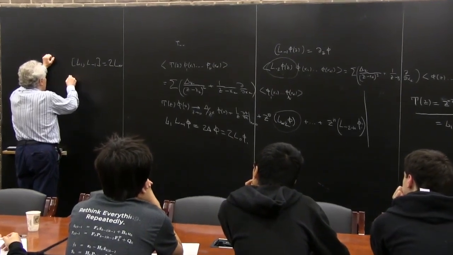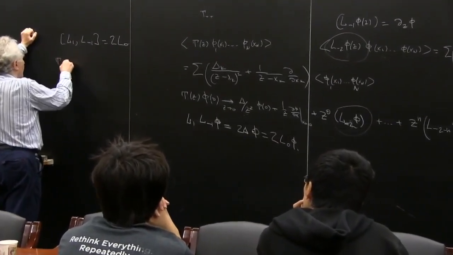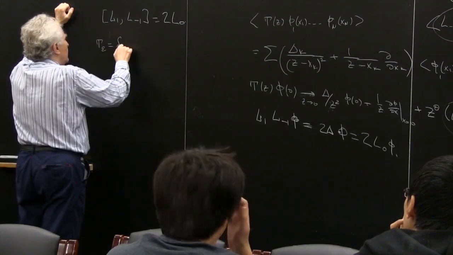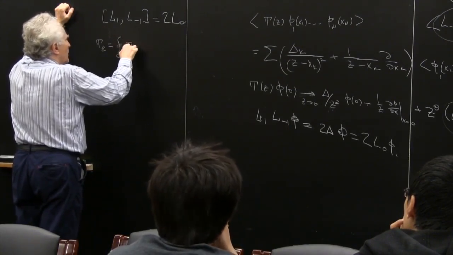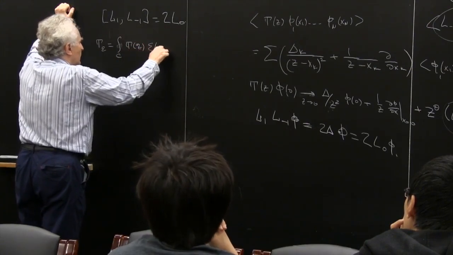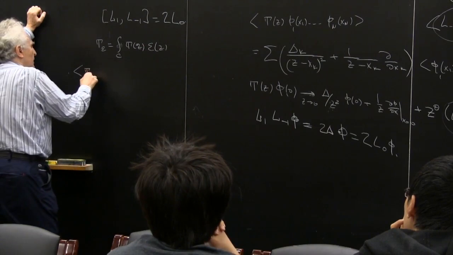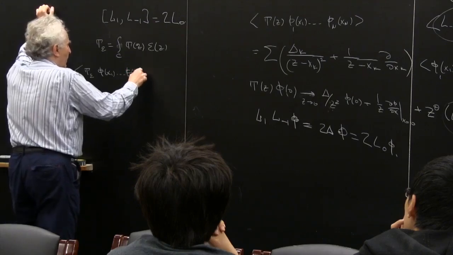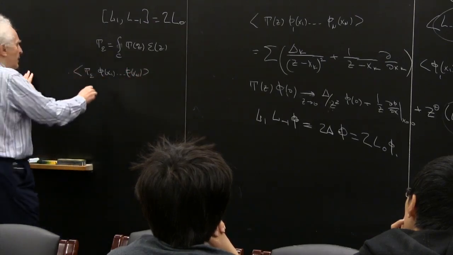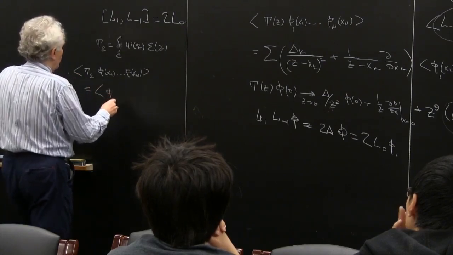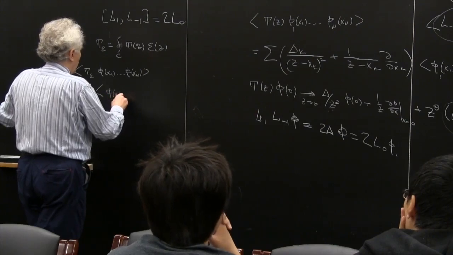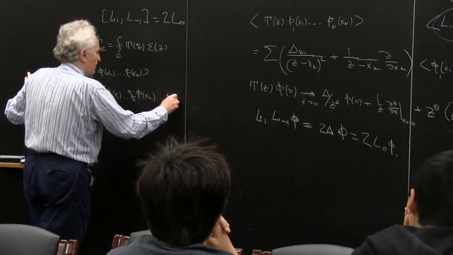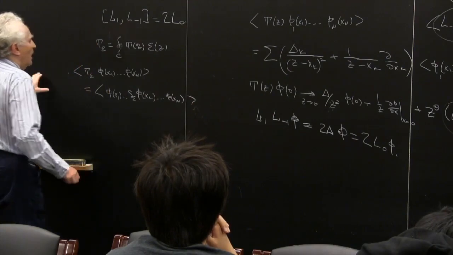What I mean by that is that we discussed last time that if you introduce the object T epsilon, which is the integral over some contour C of T of z epsilon of z, then when you insert T epsilon into the correlation function, it actually performs an infinitesimal conformal transformation, a sum over k.